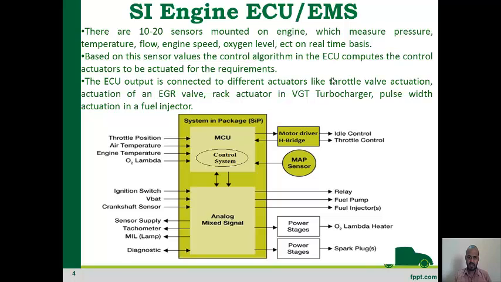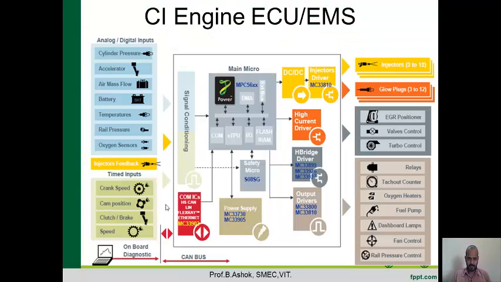Based on the sensor values, the control algorithm in the ECU computes which actuators are to be activated for the requirements. There are different actuators like the throttle actuator, idle control valve, fuel pump, fuel injector, spark plug, O2 sensor, lambda heater. So these are all the different outputs. We will see the working of these sensors and actuators in detail in the consecutive lectures.